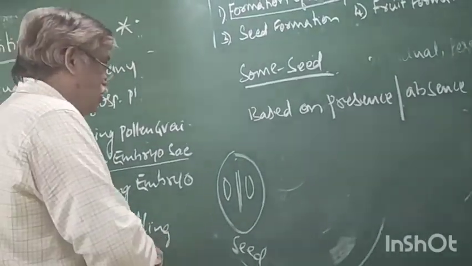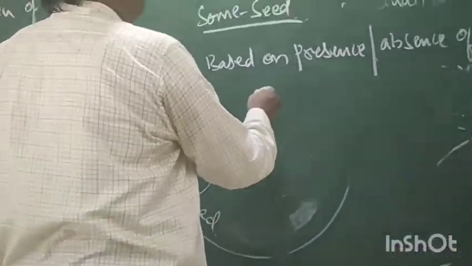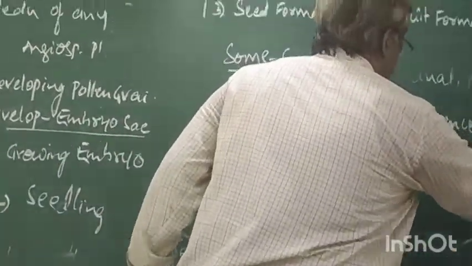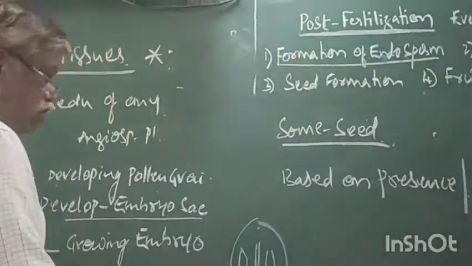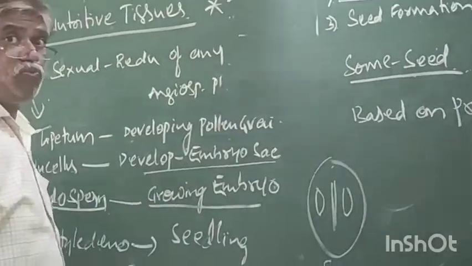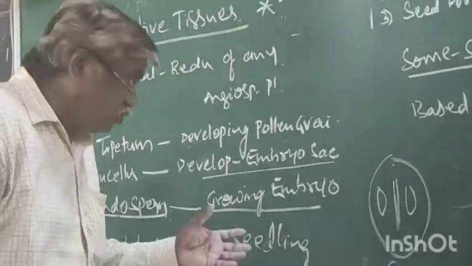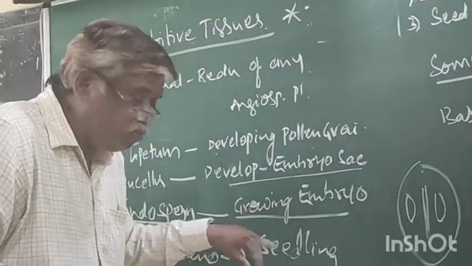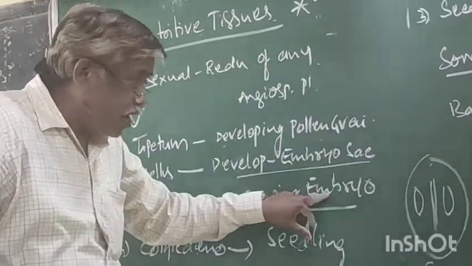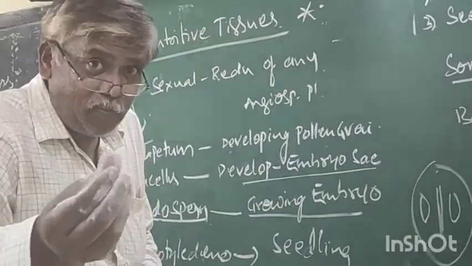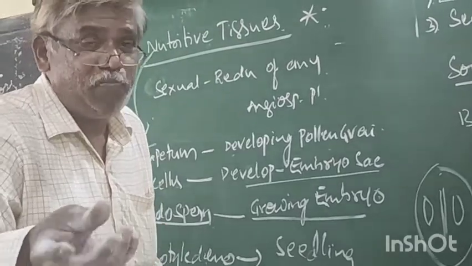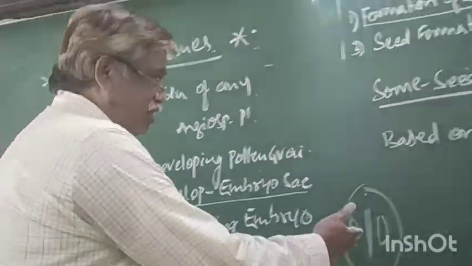But in some cases, right, what is it? Endosperm. This is endosperm. This endosperm is a nutritive tissue for the growing embryo. After the consuming of endosperm by the embryo, some may be residual, some may be remaining in the seed.